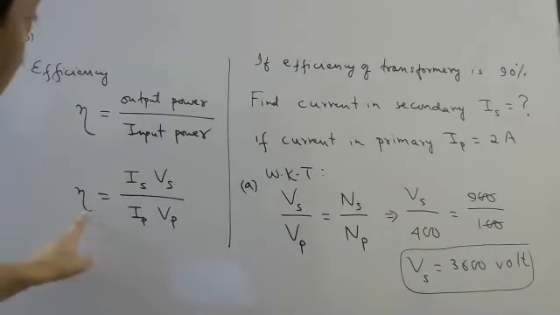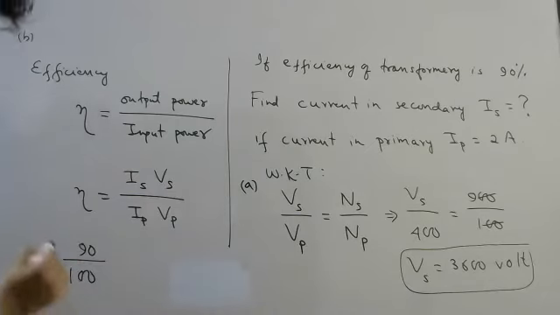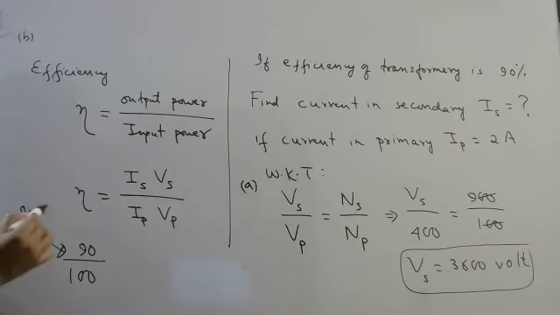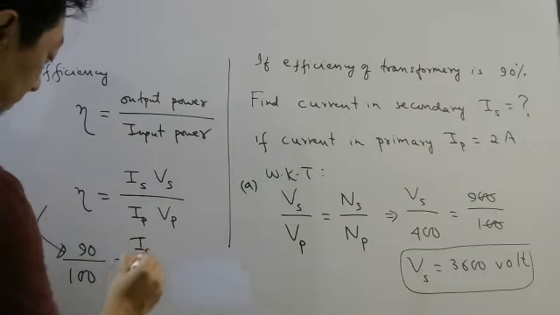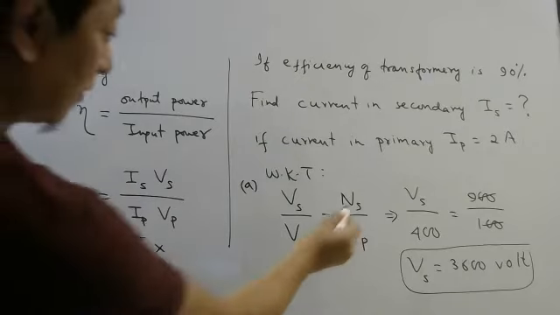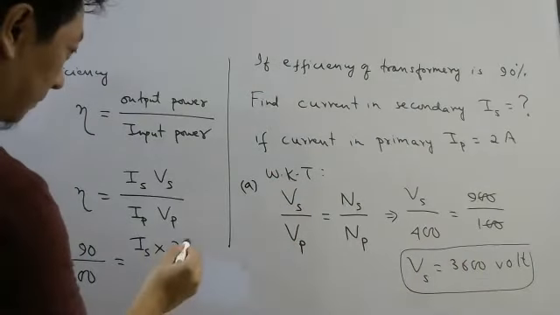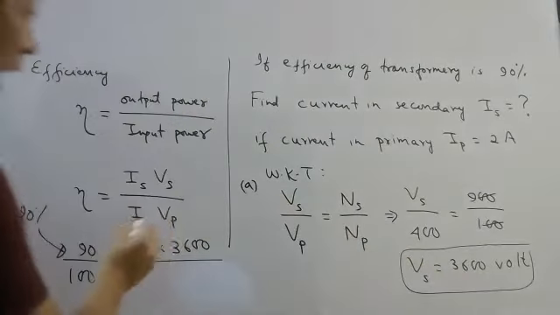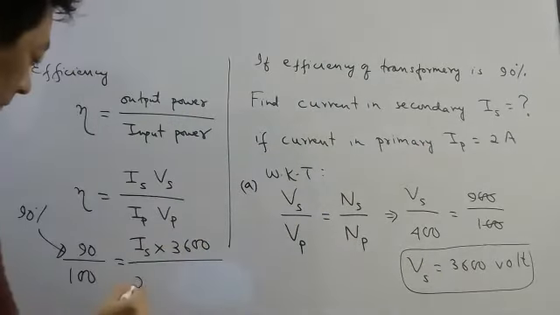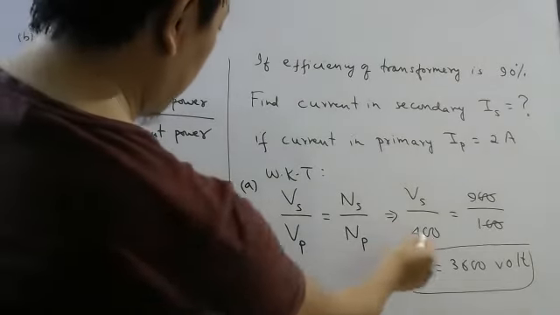Now what is the efficiency mentioned? 90%. So 90% means 90 by 100. IS we have to calculate. VS was 3600, just now we calculated. IP they told 2. VP was 400.